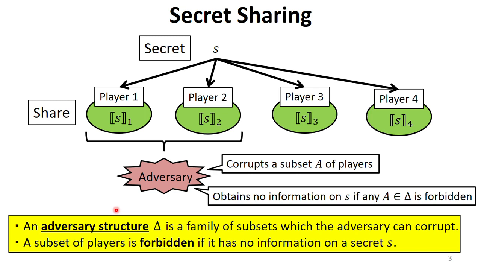And we call a subset of players forbidden if they have no information on the secret. So if any subset in delta is forbidden in this secret sharing scheme, the adversary cannot obtain any information on the secret.